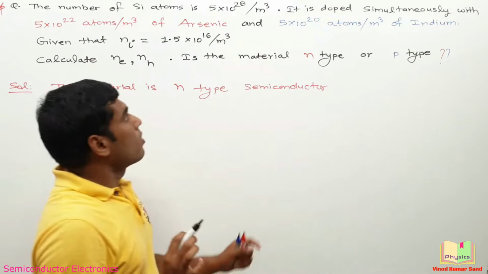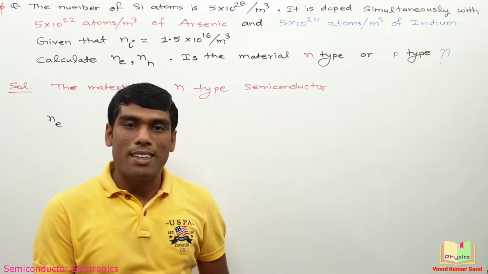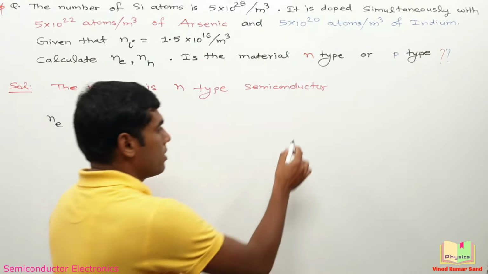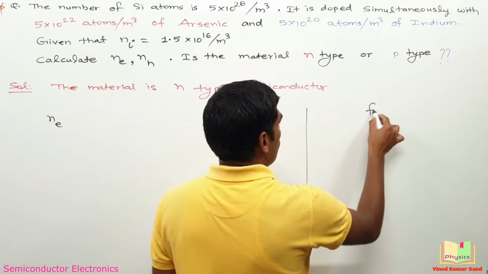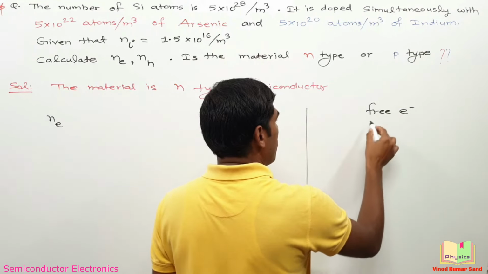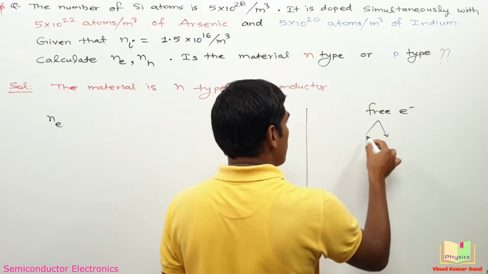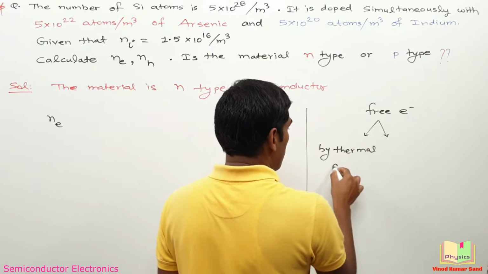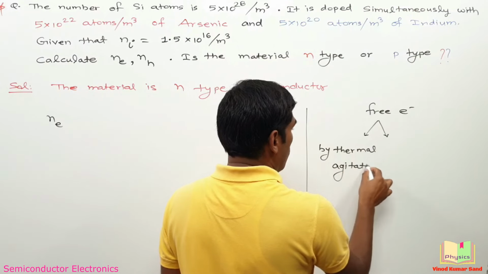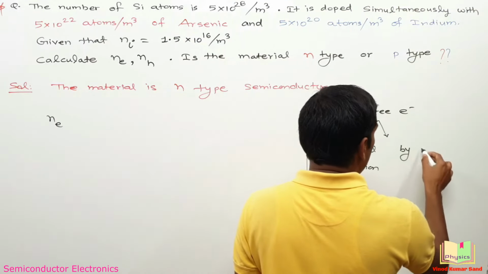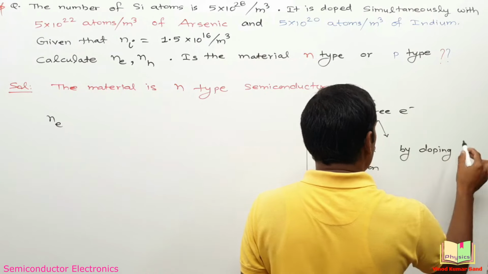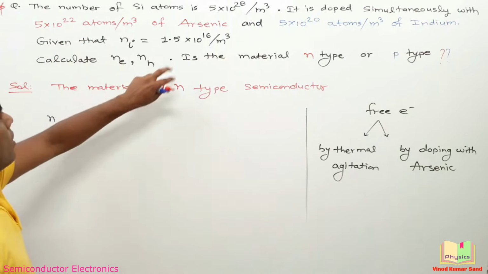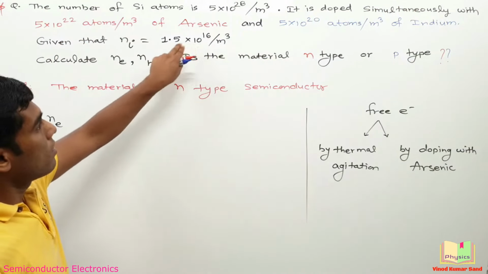The free electrons are contributed by the thermal agitations as well as due to the doping of arsenic. The free electrons we get via two methods: by thermal agitation and by doping with arsenic. Both data, if we compare, by thermal agitation, the intrinsic charge carrier density will give you the idea.